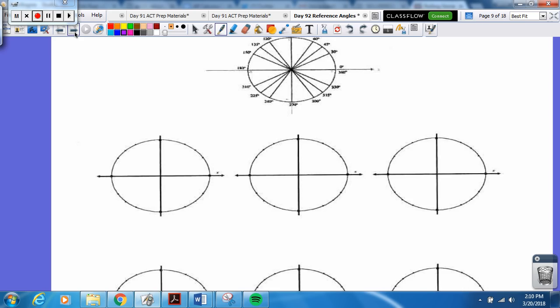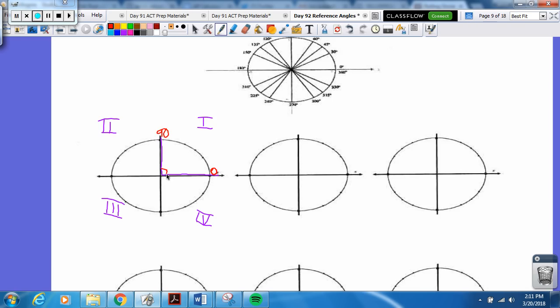Okay, so we have this right here, and so look at the first quadrant right here. So here's the first quadrant. So first quadrant, second quadrant, label these please. Third quadrant, and we have the fourth quadrant. Okay. So what we already know is that this is 0 degrees. This is where we start. We know that this is 90 degrees because we have a right angle here.